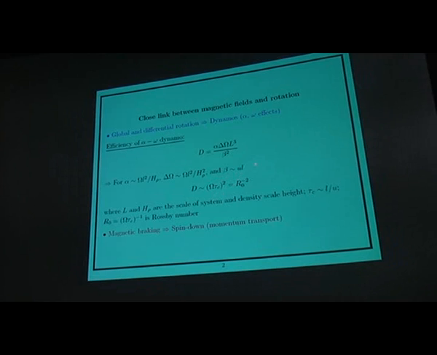Or you can say this is inversely proportional to the Rossby number. So for high rotation, for small Rossby number, you will expect very strong driving for your dynamo. So this is part of the story why the differential rotation or rotation is important for the generation of magnetic field.